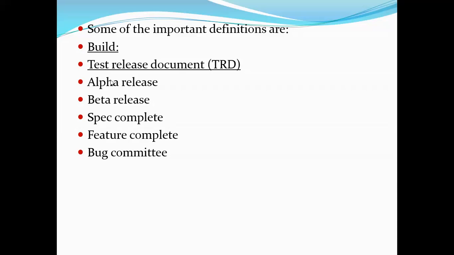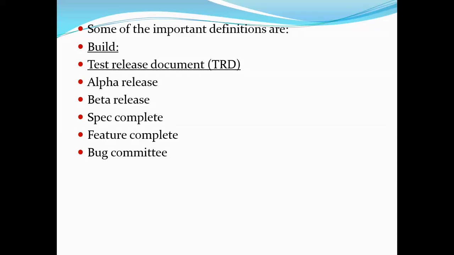Then alpha release, a very early build intended for limited distribution to a few key customers and to marketing for demonstration purposes. It's not intended to be used in a real world situation. The exact contents and quality level must be understood by everyone who will use the alpha release.